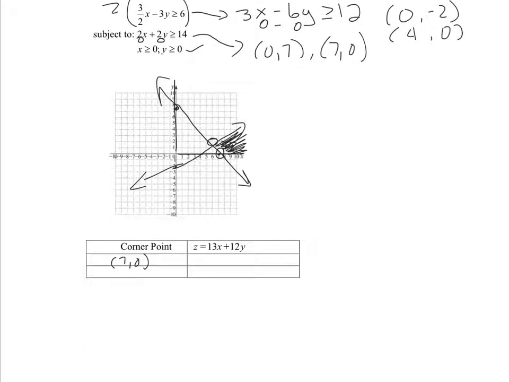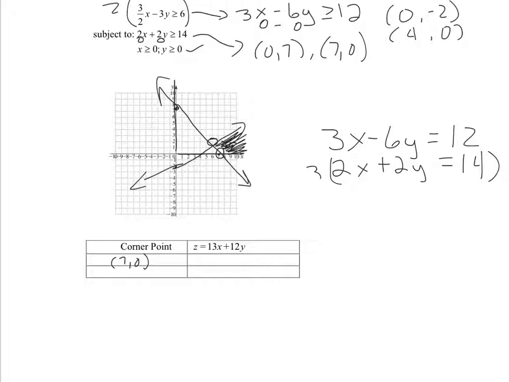Now, to find out where these two intersect, if we took our 3x minus 6y equals 12 and our 2x plus 2y equals 14, and again, we could use either substitution or elimination. I'm going to multiply the bottom equation by 3, and that will give us 3x minus 6y equals 12 on top.